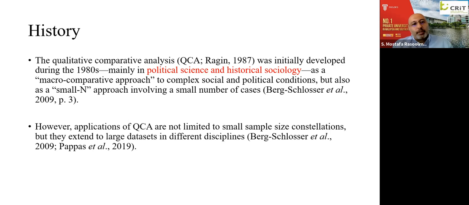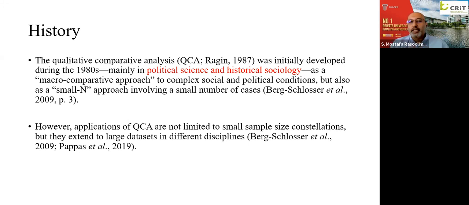So qualitative comparative analysis, QCA, was developed by Ragin in 1987, but mostly for political science and historical sociology, as a micro comparative approach for complex situations and also for small samples. If you look at the title, you can see qualitative comparative analysis.